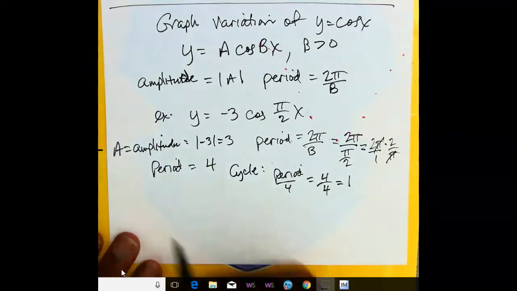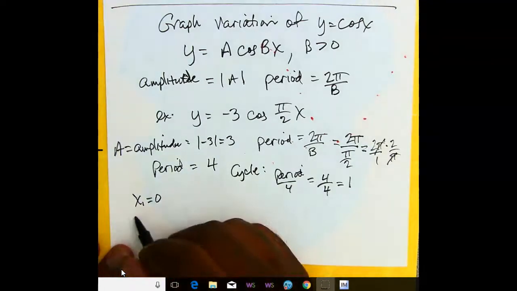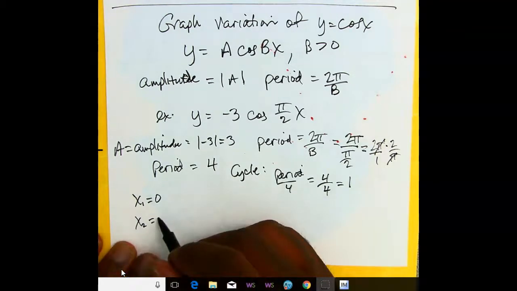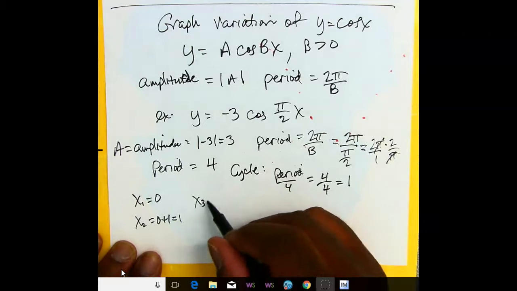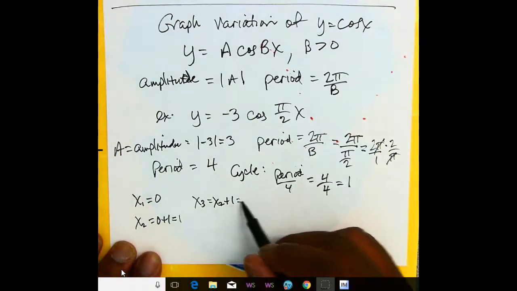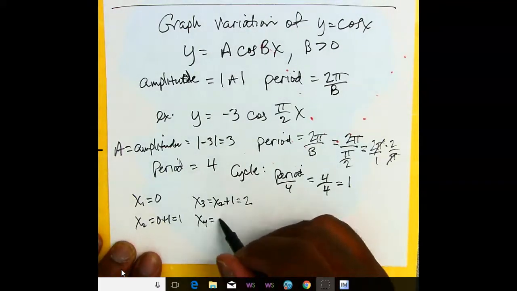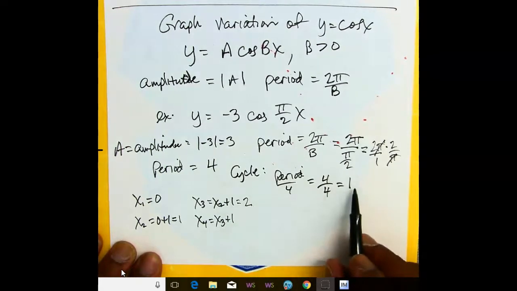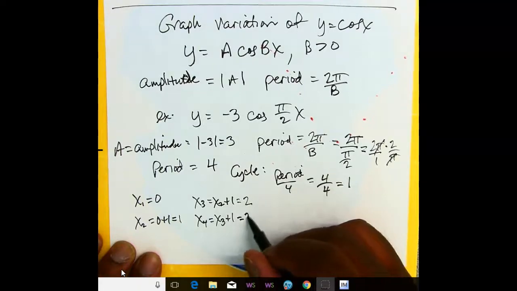Okay. So x sub 1 is equal to 0. x sub 2 is x sub 1 plus 1. x sub 3 is x sub 2 plus 1, so 1 plus 1 is 2. x sub 4 is x sub 3 plus 1, so 2 plus 1 is 3.